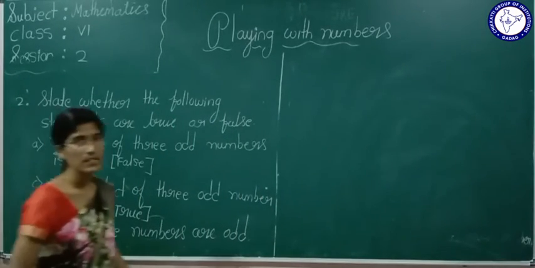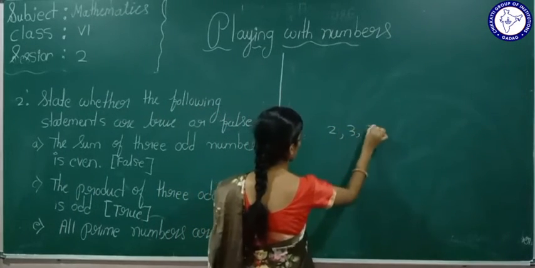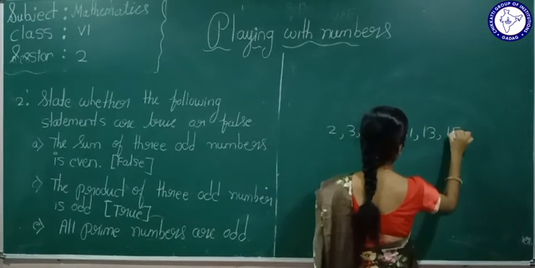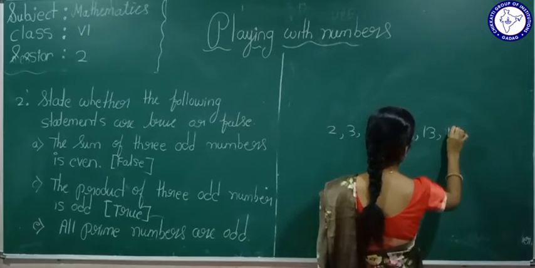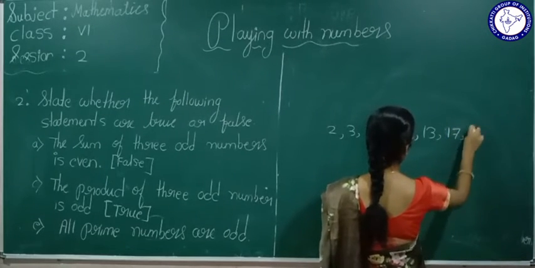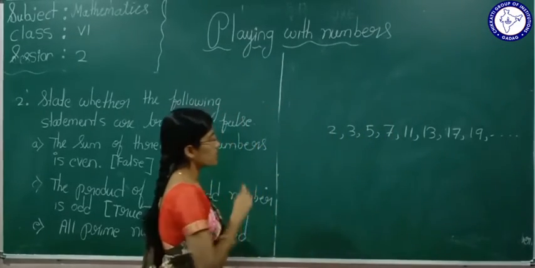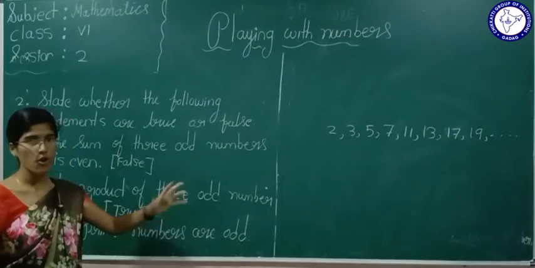So now I will write here prime numbers: 2, 3, 5, 7, 11, 13, not 15, 17, 19 and so on. Now see here, all prime numbers are odd.